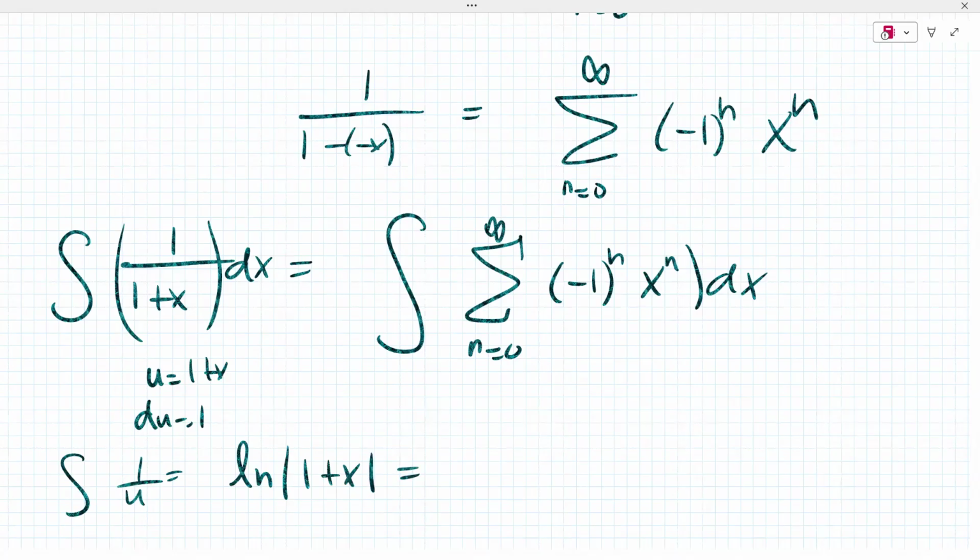How do you take the integral of this? It's just basically its power, whole power plus 1 divided by that power.